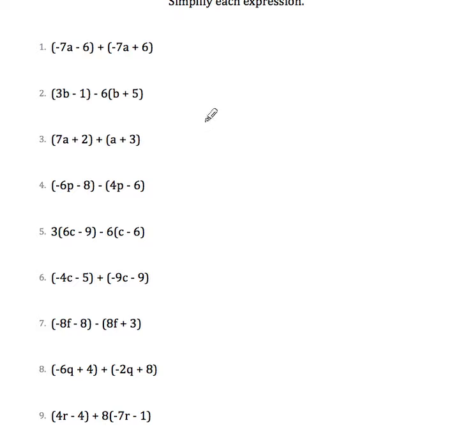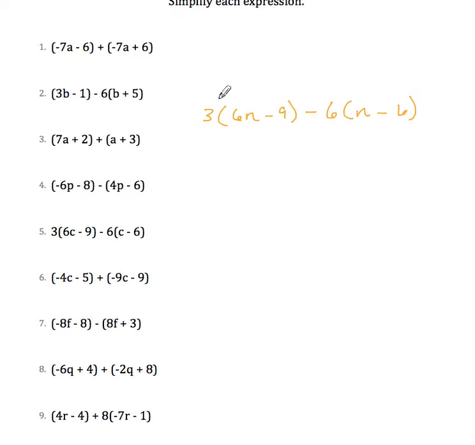So for number 9, we have, that's number 5. So 5 gives us 3 times 6n minus 9 minus 6 times n minus 6. Okay, so let's go ahead and simplify here.